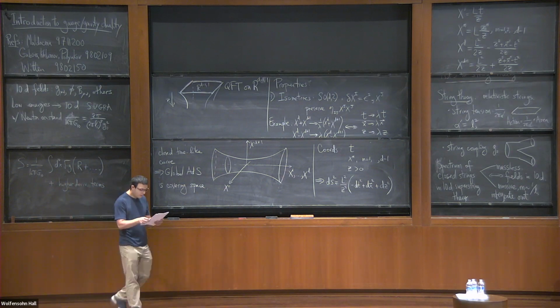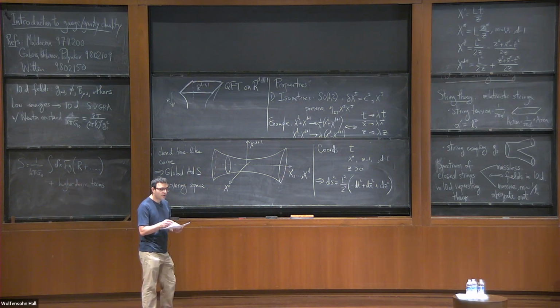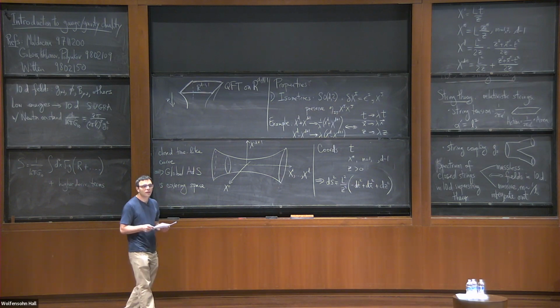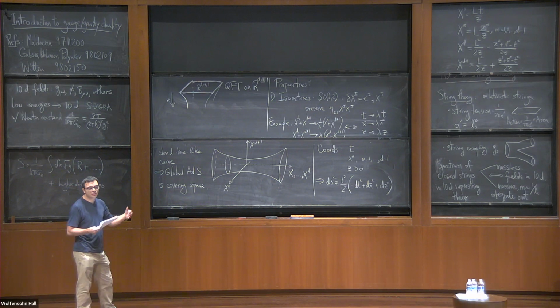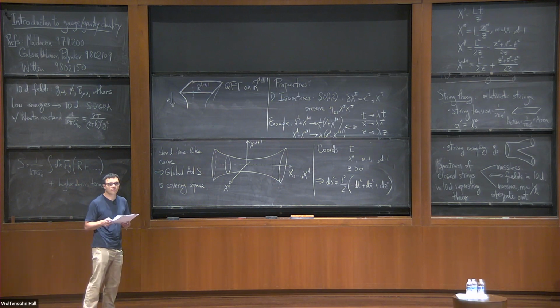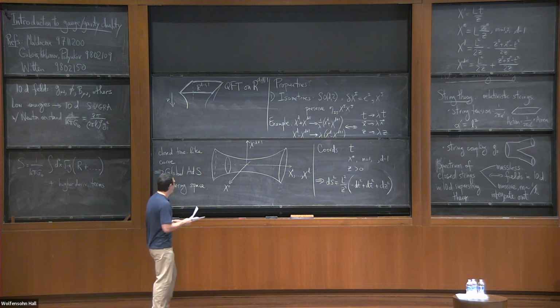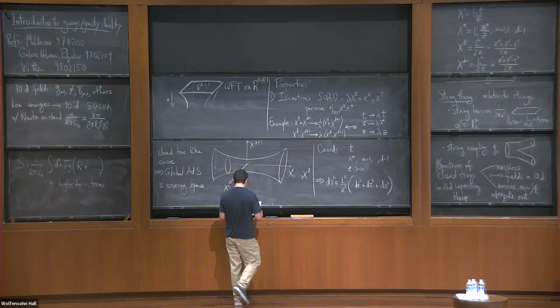And then the plan was to do an explicit computation using ADS-CFT, computing how to use ADS-CFT to compute the potential between a quark and an anti-quark. Does that sound like a good plan? Yes, no, maybe? Okay, good.